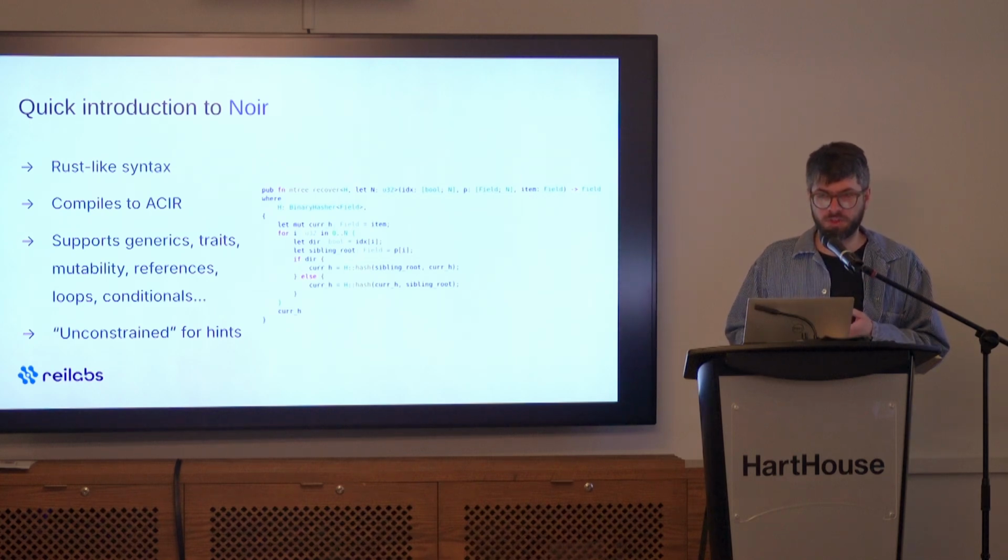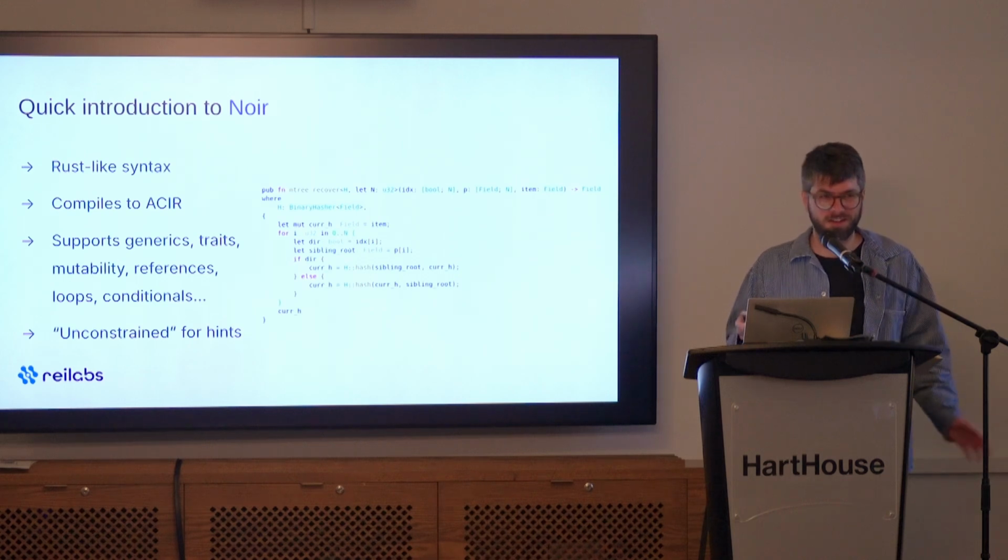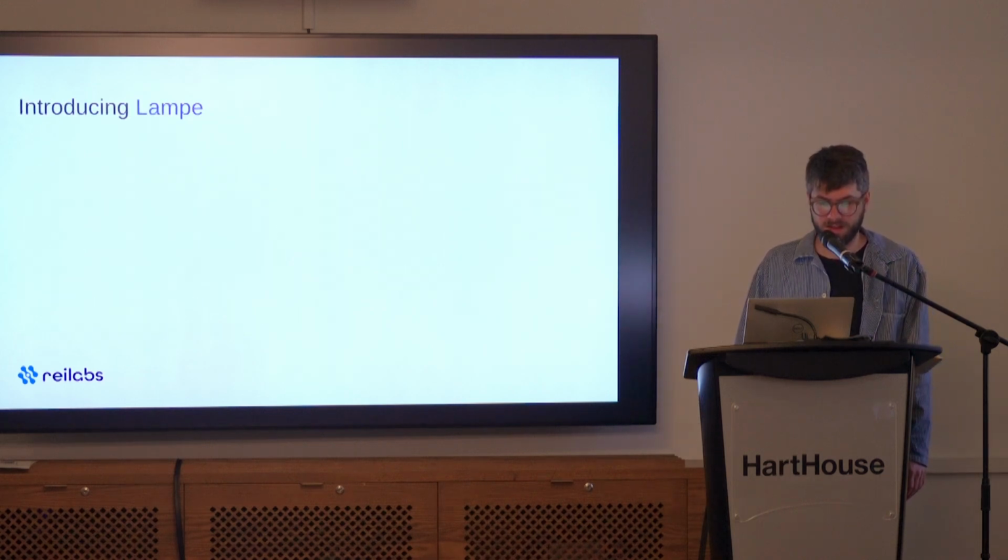And so you don't really get to control exactly what the unconstrained hints are saying, but that's where a lot of the power of ZK languages comes from. If you bring in unconstrained things, but then have constraints at the end that actually constrain the stuff, you can get a lot of leeway out of that.